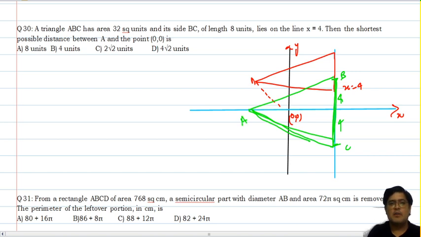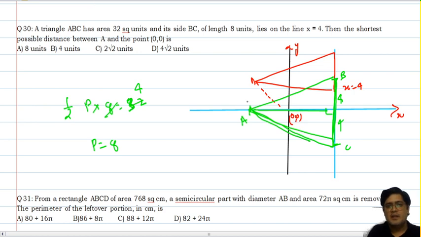What is the area given to me? 32 square units. So from A to this length, I'll have perpendicular, half of perpendicular into base is equal to area. Area is 32 square units. So cancel 4. So perpendicular is 8. Now please pay attention. This entire distance is 8.